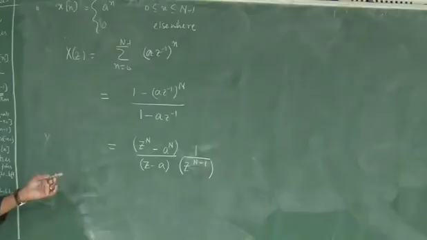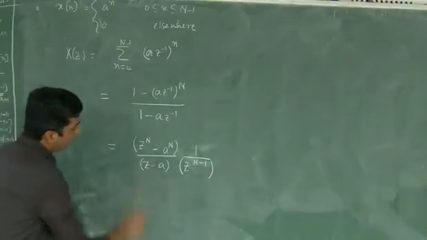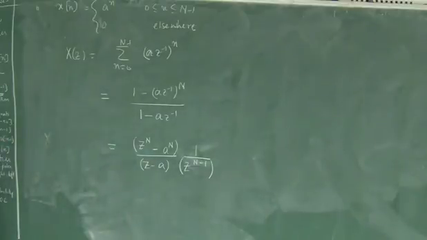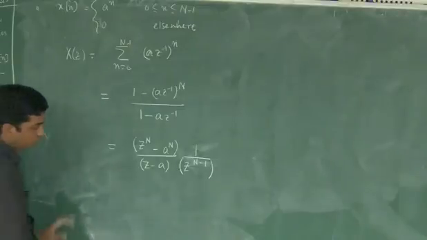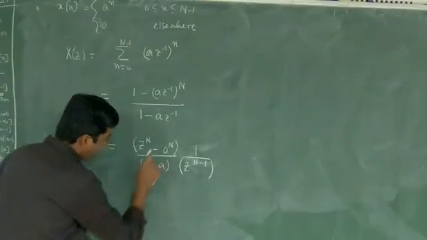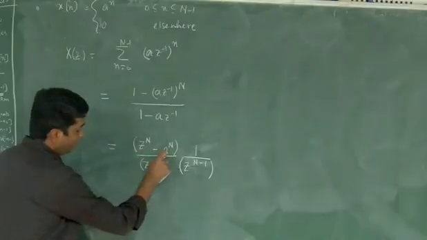Yeah, is that right or wrong? Okay. So how many poles do I have here? So now I have z to the N minus a to the N, right?